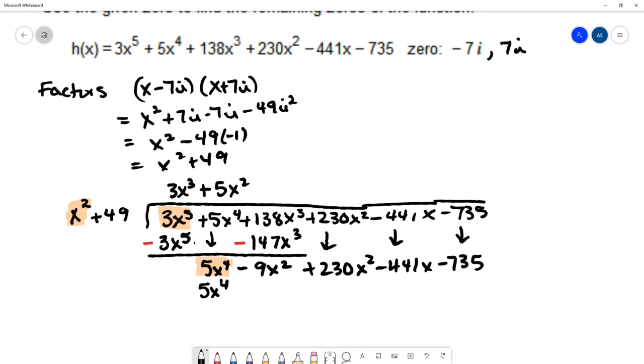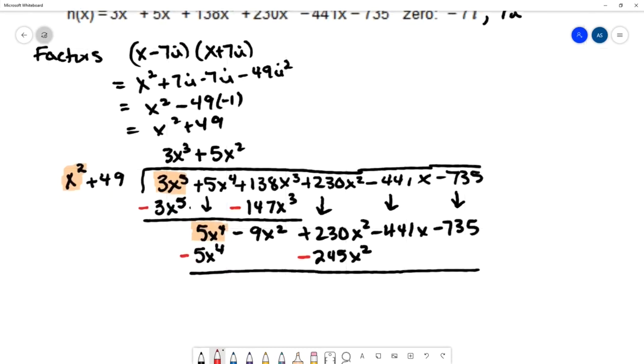And 5x squared times 49 will be 245x squared. I'm writing it under the x squared, so I have my like terms lined up. I'm going to change the signs. 5x to the fourth minus 5x to the fourth is 0.